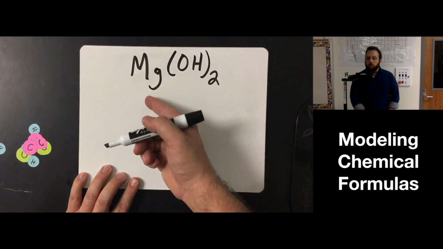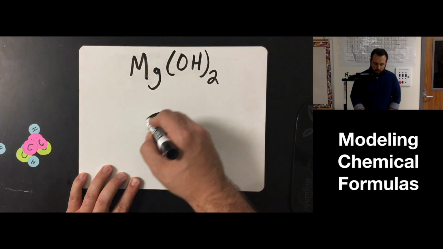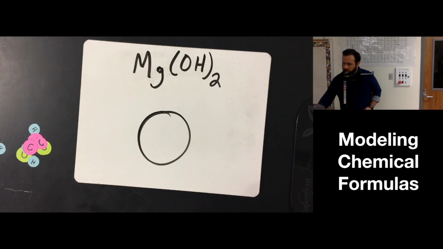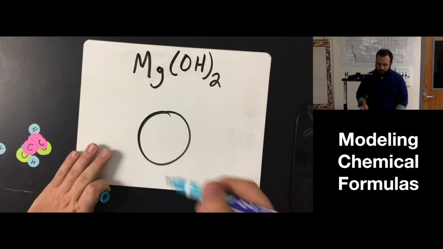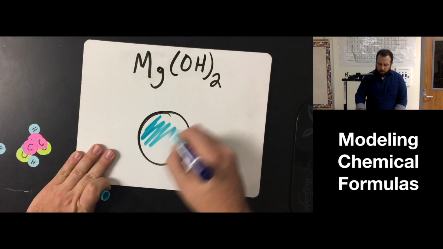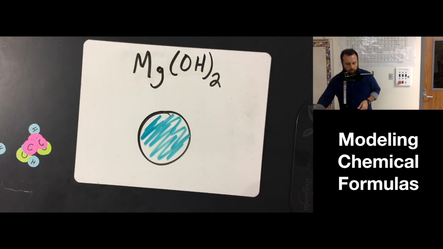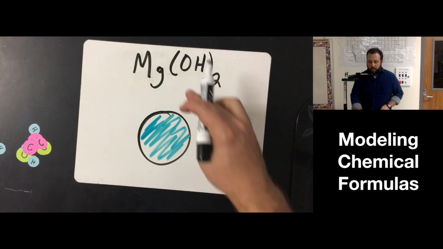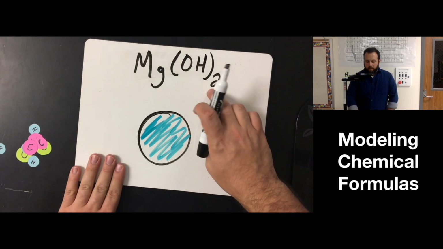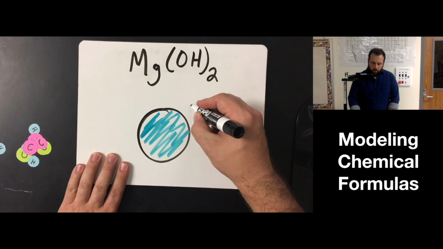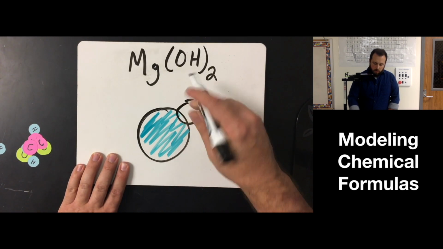I'm going to start with 1 in the middle, and we're going to say this is magnesium here. We'll give them some color. And then attached to that, it's saying there are 2 OHs.